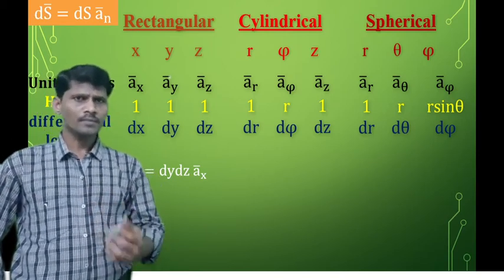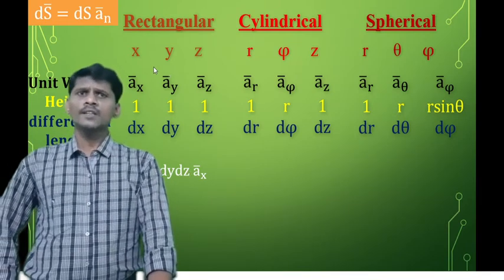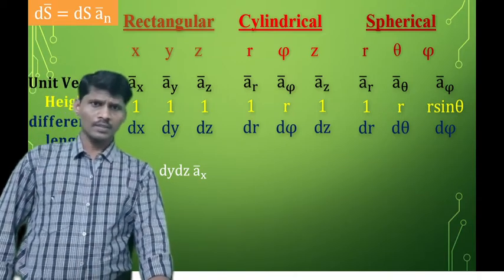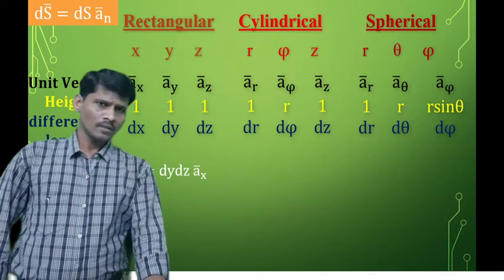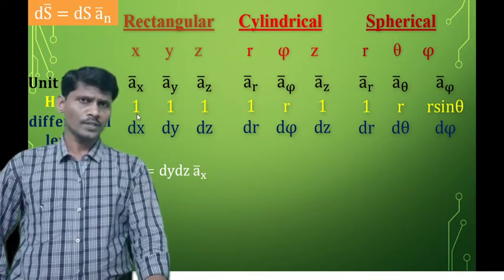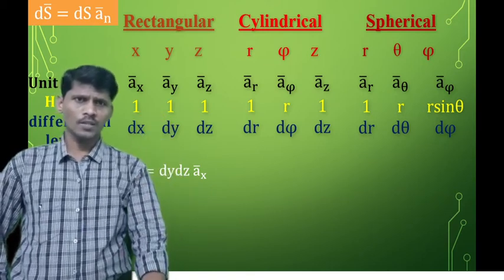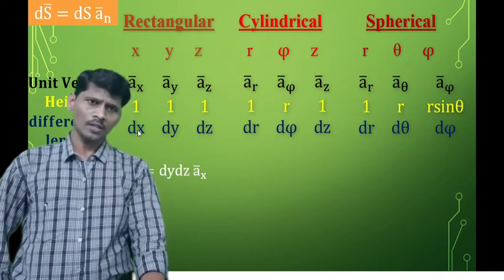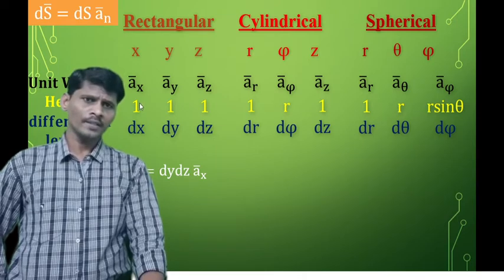So first we will discuss rectangular coordinate system differential vector surface areas from this tabular column. So dSx bar is equal. First calculate differential vector surface area normal to x direction. So removing this column, 1 dx, what are the remaining columns? 1 dy, 1 dz. Why remove 1 dx?